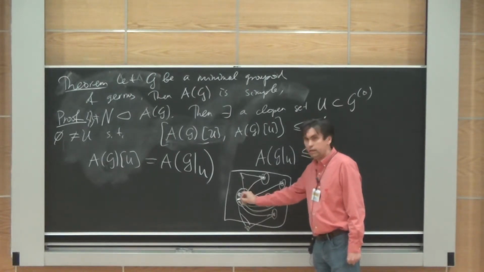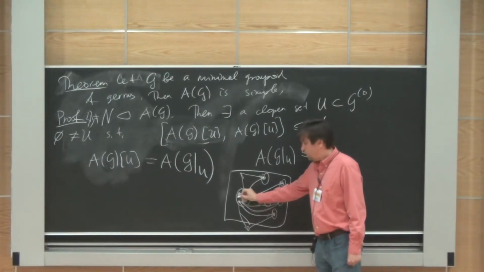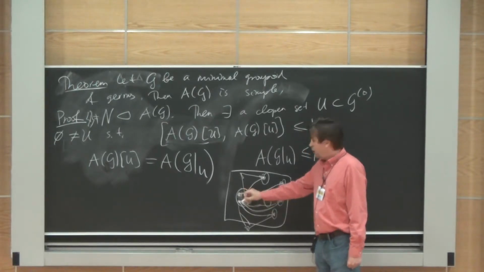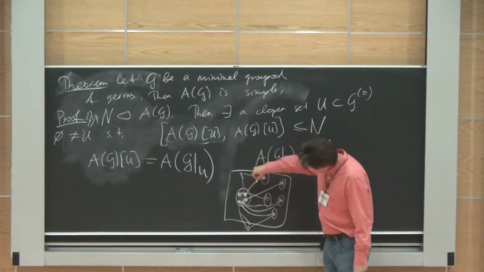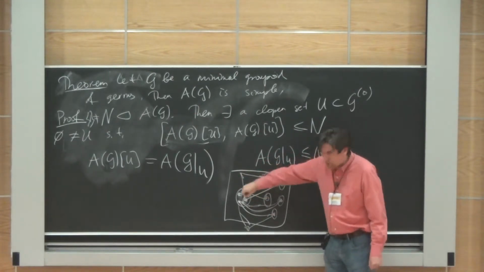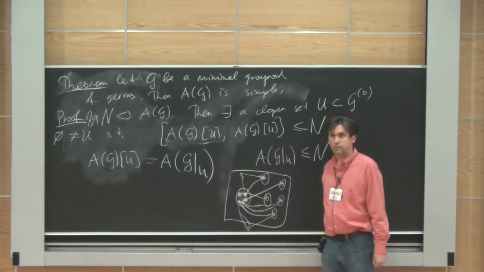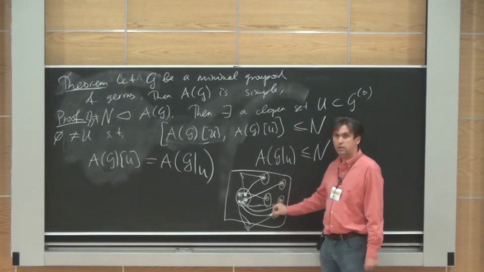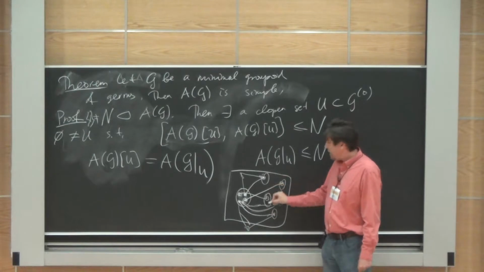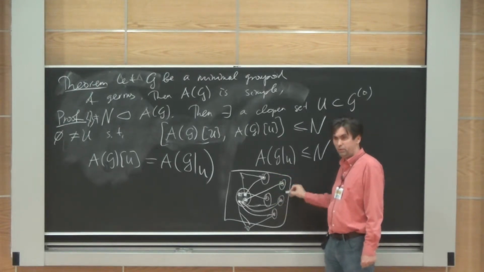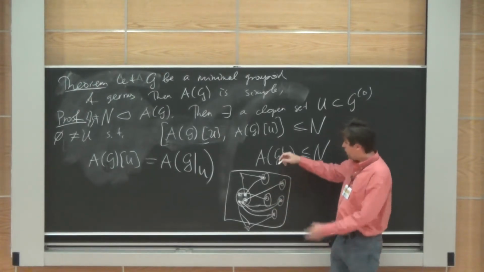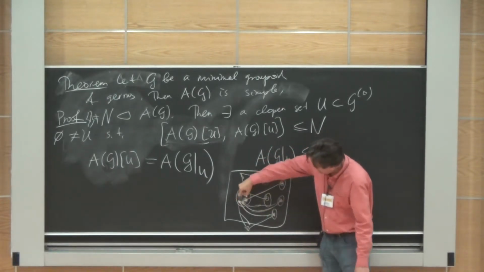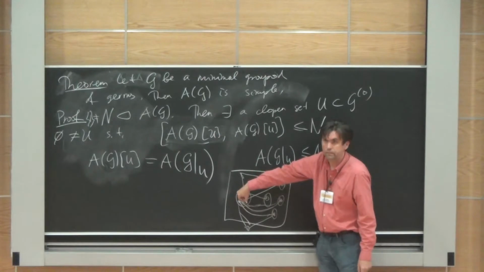So you take any even permutation of these pieces, conjugate them by the union of these 3 cycles, and you get a permutation here inside.